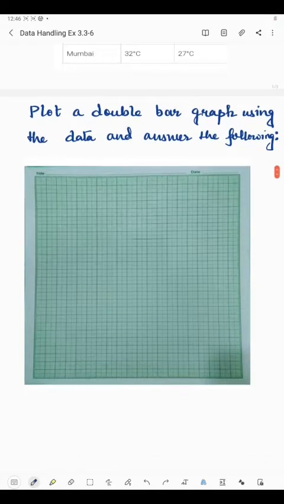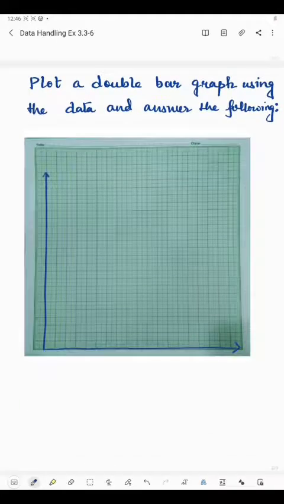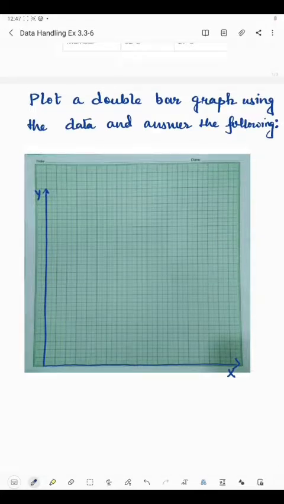So at first we will have to draw the two axes. So these are the two axes. Horizontal axis is denoted by X and vertical axis is denoted by Y. And the two axes meet at point O. And this graph showing temperature of various cities.